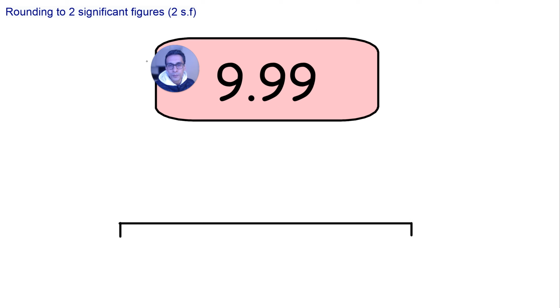Okay, next example, 9.99. What would this round to? Have a go first, and then I'm going to show you the answer. Okay, so this is the second significant figure, and we know that this is in the tenths column, so rounding to the nearest 0.1.